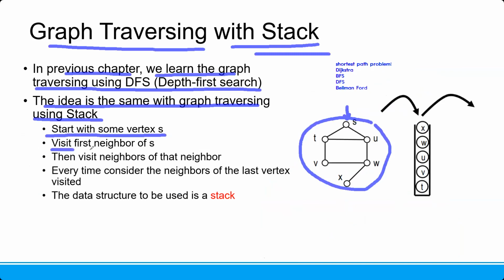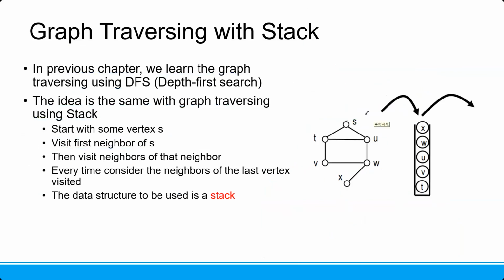We can visit the first neighbor of S. The first neighbor of S, we can call T. Then visit the neighbors of T. Let's say the neighbor of T is P. Every time, consider the neighbors of the last vertex visited. So we can say like this.